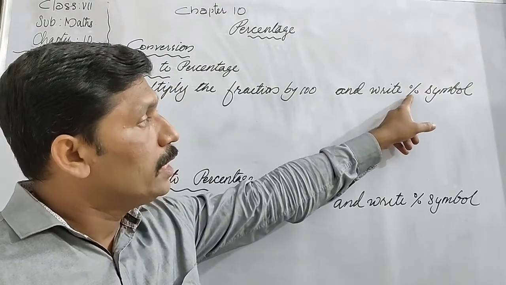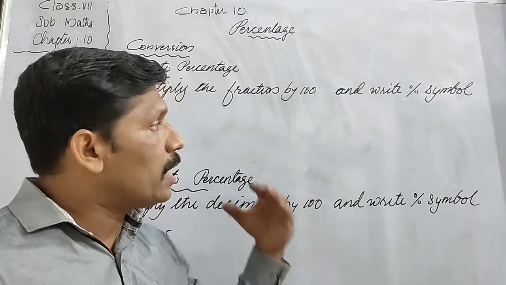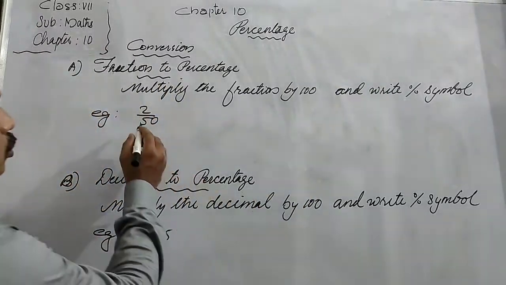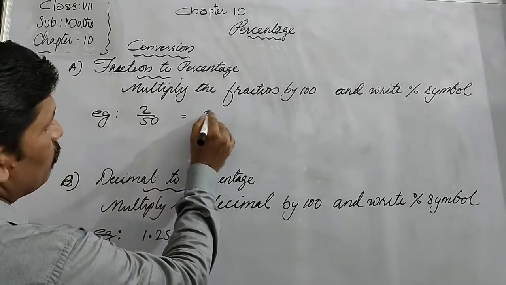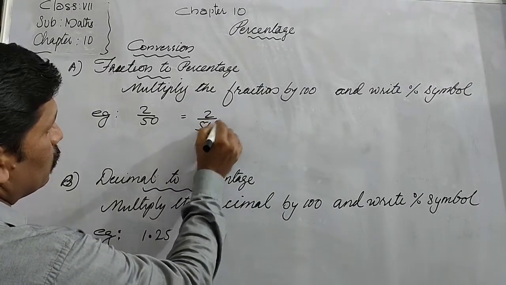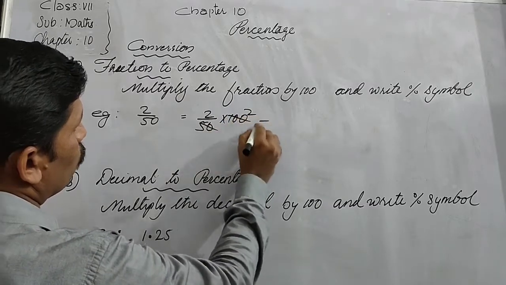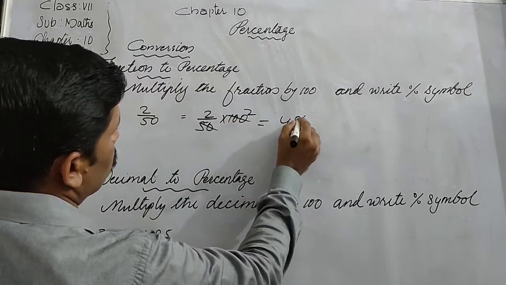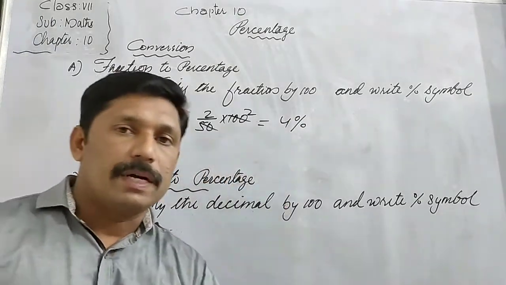This is the symbol used for percentages. Example: 2 upon 50. To change this into a percentage, we multiply this fraction by 100, and 50 2s are 100. Therefore 2 into 2 is equal to 4 percent. Now this 2 upon 50 is converted to a percentage.